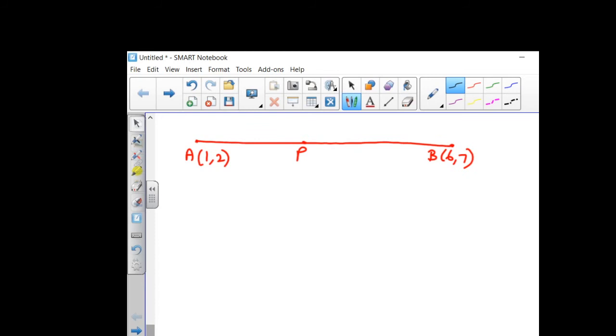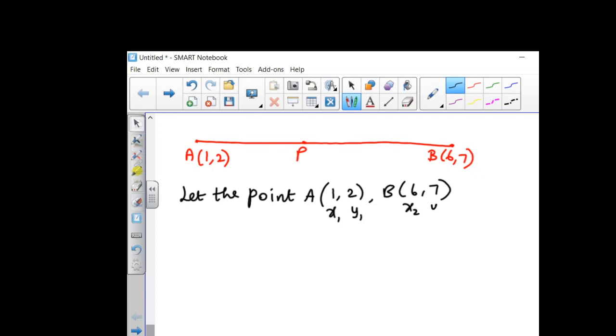So let the point A be (1, 2) and B be (6, 7). This you can take as x1, y1 and x2, y2. Okay, x1, y1 and x2, y2.